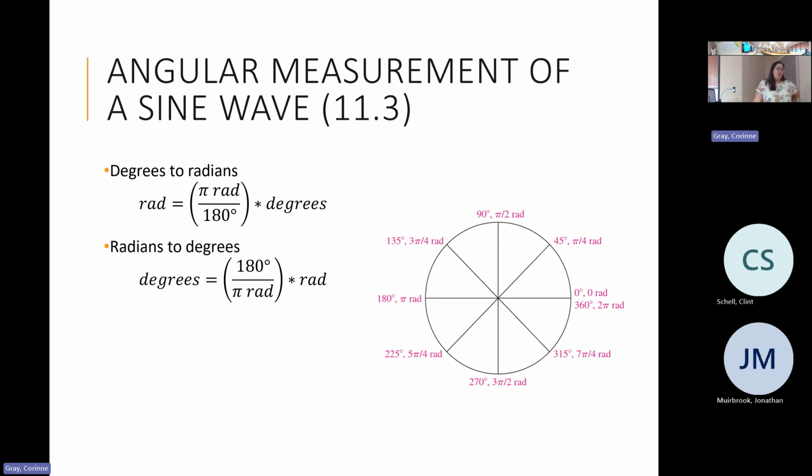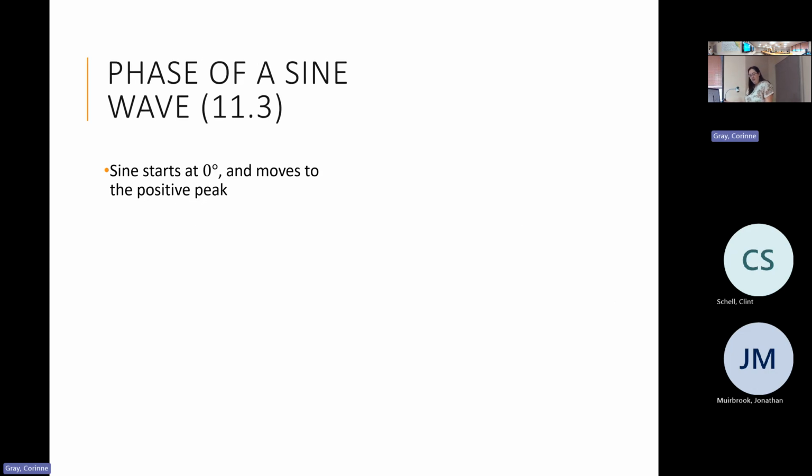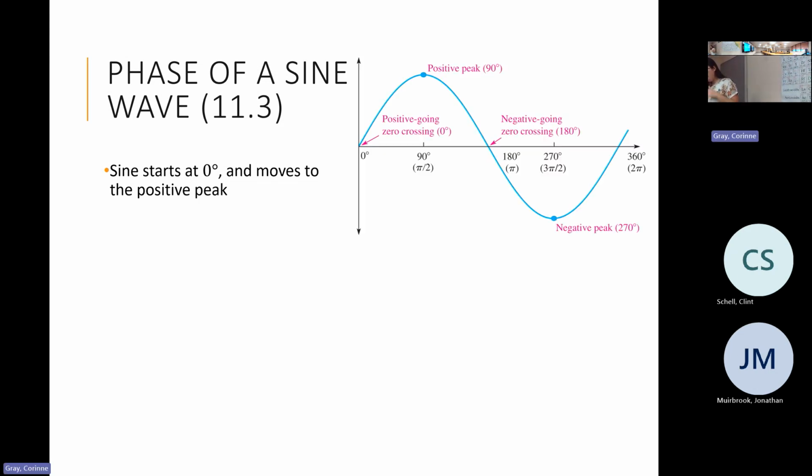The reason we need to talk about degrees versus radians is because of this thing called phase. Has anybody heard of phase when it is related to sine and cosine before? All right, cool. Sine starts at 0 degrees or 0 radians, whichever your heart desires, and then we move to the positive peak, +1. Technically the zeros have names, which was mind-blowing to me.